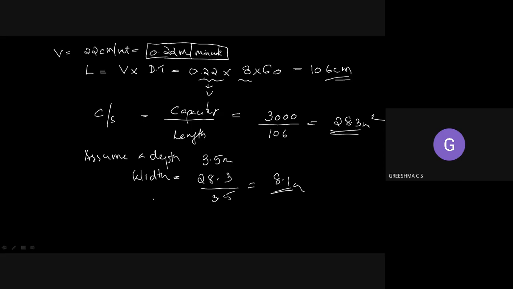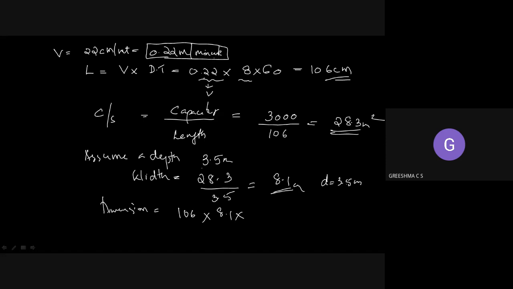Now all the dimensions are known, right? Every dimension is known now. So what is the dimension of the tank? Length of the tank is 106, width is 8.1, depth is 3.5 meters.